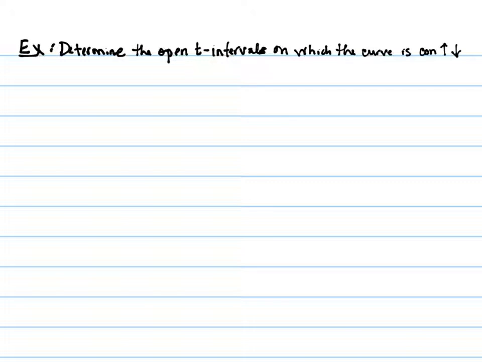And the one that we're going to look at, number 5, is x equals 2t plus the natural log of t, and y equals 2t minus the natural log of t.